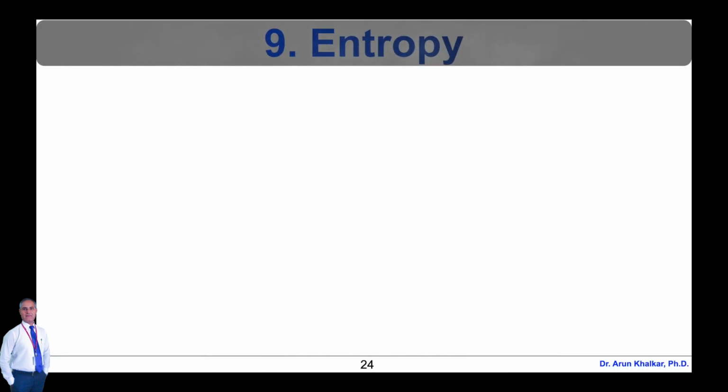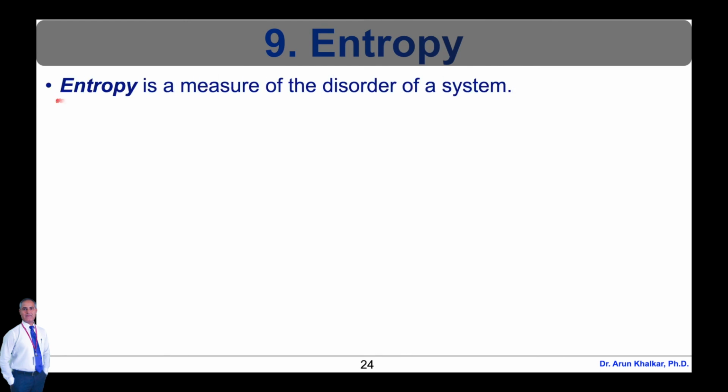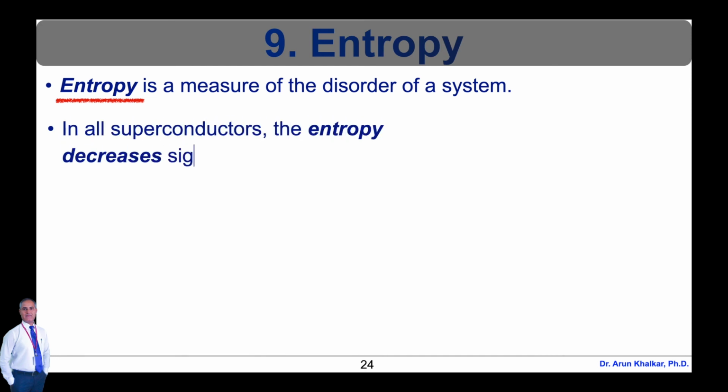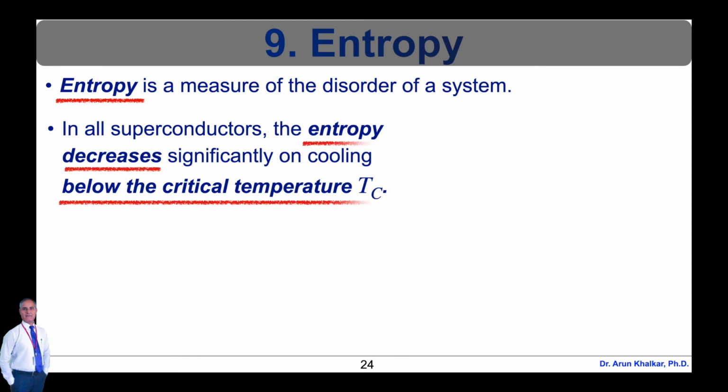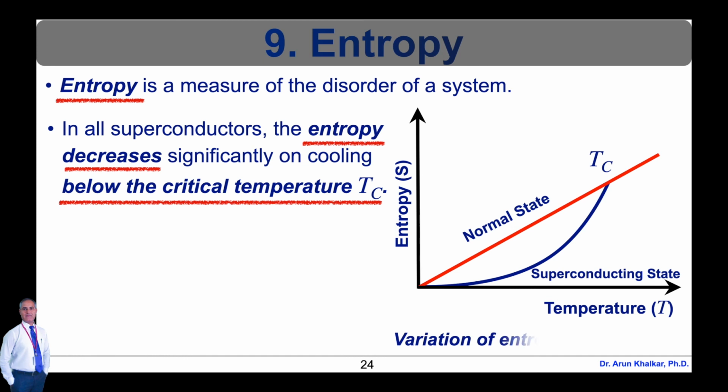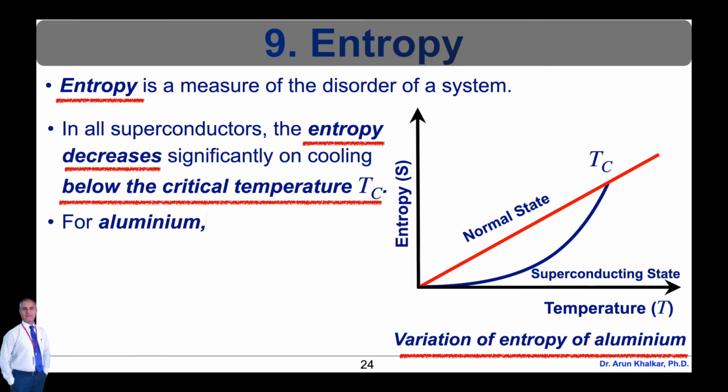Now let's see the next property of superconducting material, entropy. We know that entropy is a measure of the disorder of a system. In all superconductors, the entropy decreases significantly on cooling below the critical temperature Tc. Therefore, the observed decrease in entropy between the normal state and the superconducting state shows that the superconducting state is more ordered than the normal state.